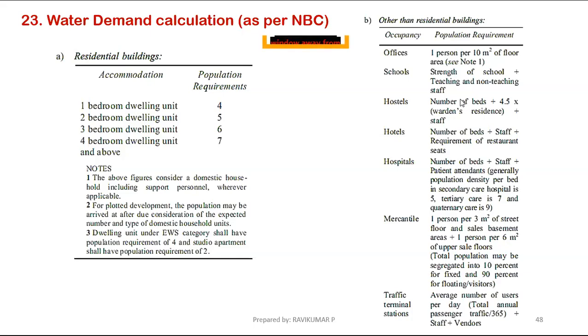For the office building, 1 person per 10 square meter for every floor. You have to calculate the total floor area, then divide by 10 square meter. Then you can come to know how many people are going to occupy this building, and get the total population.